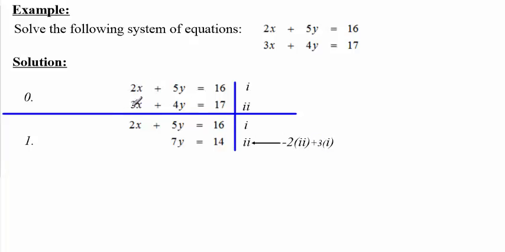You can see that we're going to get minus 6x there and 6x there. So if we add the two, then we're going to get 0 here.